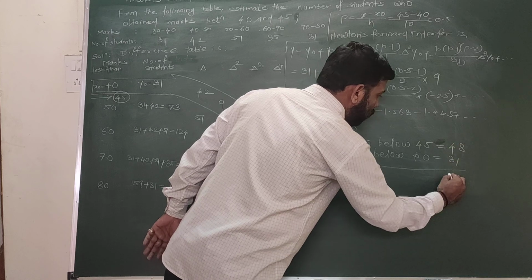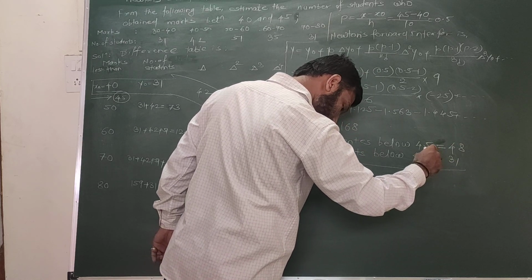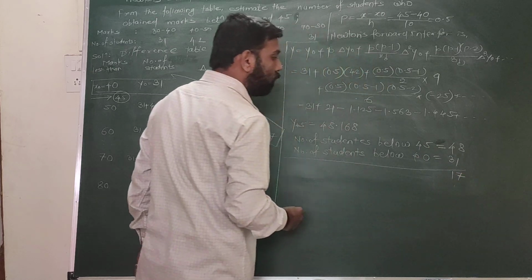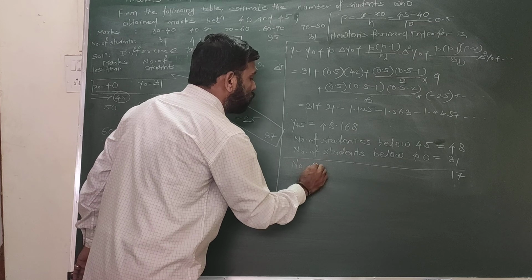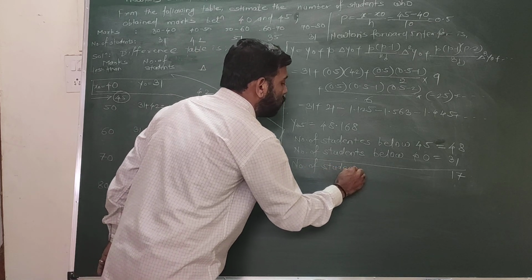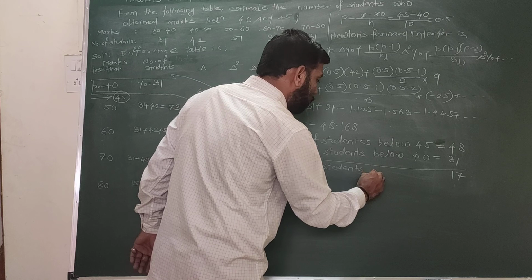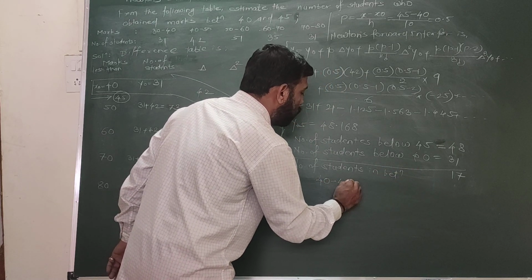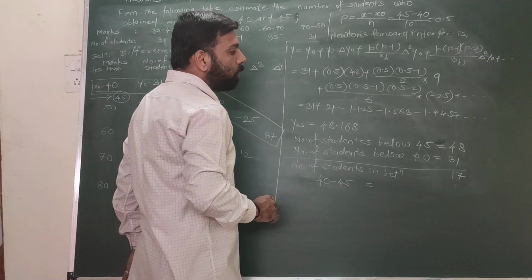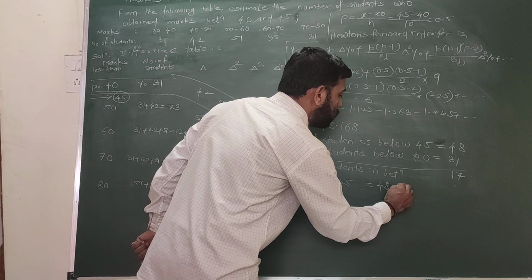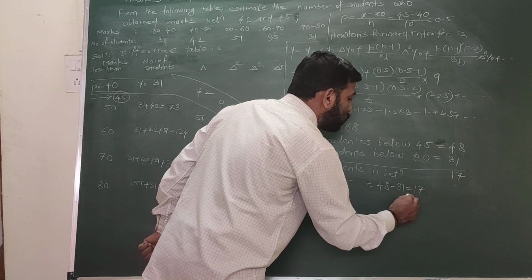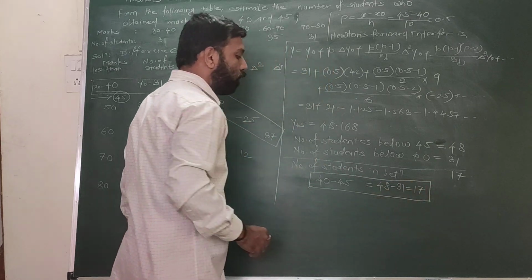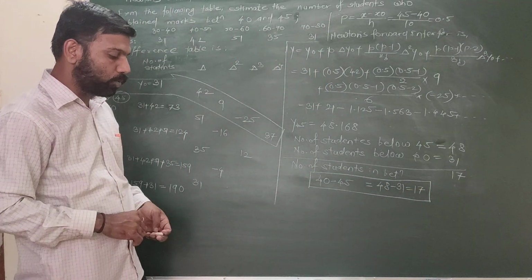If we take the subtraction of this, 48 minus 31, the number of students in between 40 to 45 marks is 48 minus 31, which equals 17. So we find here that in the range 40 to 45, there are 17 students.